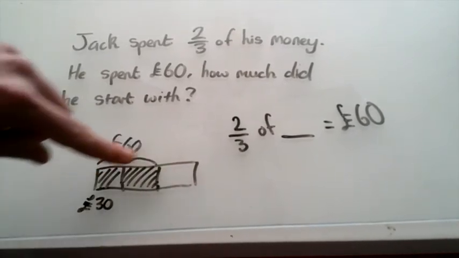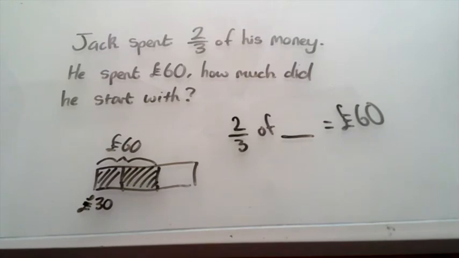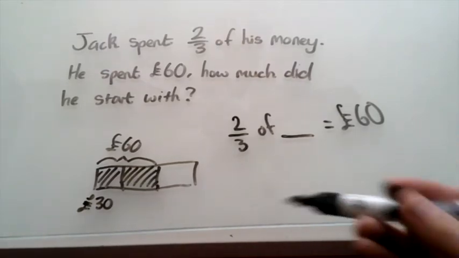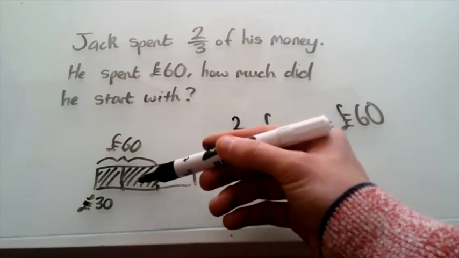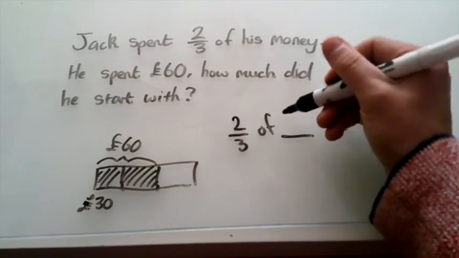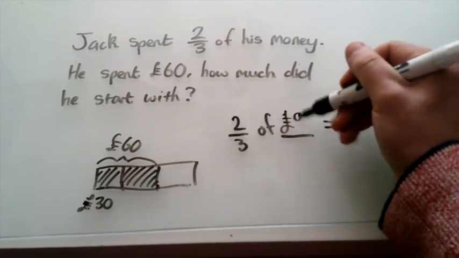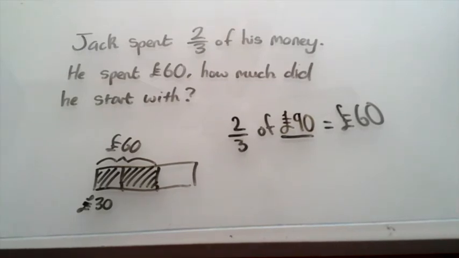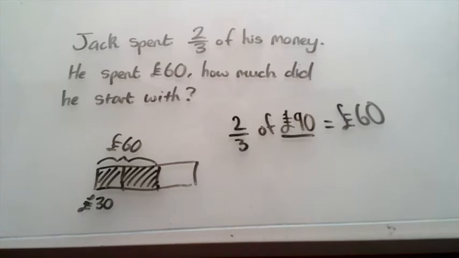So each segment in the bar model is worth £30. So if each segment is worth £30, we've got 30, 60, 90. So in actual fact we're doing 2/3 of £90. So £90 is our whole that we were looking for.